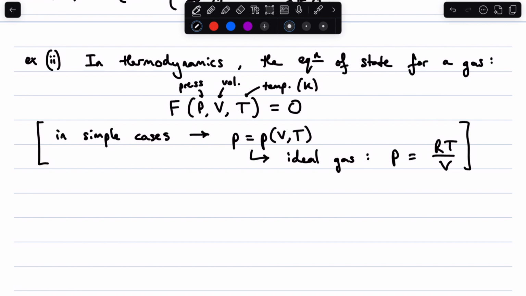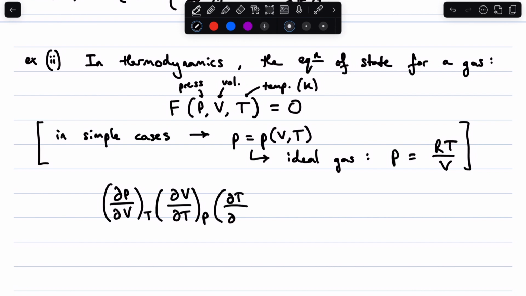But that usually won't be the case, and even if it is, using partial derivatives, like we had for our three variable implicit functions, where it produced the surface, we can write that partial dP by dV at constant T times partial dV by dT at constant P times partial dT by dP at constant V is equal to -1.